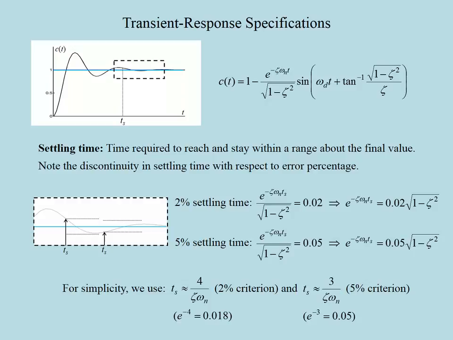Similarly, since e to the minus 3 is very close to 0.05, the 5% settling time will be obtained as 3 over zeta omega n. Note that the settling time is inversely proportional to zeta times omega n, that is the attenuation sigma, and therefore it is directly determined by the real part of the poles of the system.